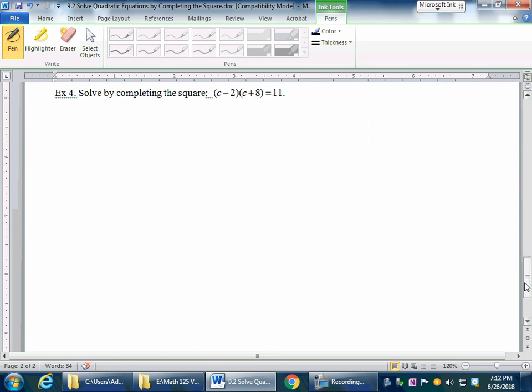Let's try the last example. So first, for this problem, I'm going to have to multiply my left-hand side, and then try to put it into the format that we need. So when I FOIL it, this will become c squared plus 8c minus 2c minus 16 equal to 11.